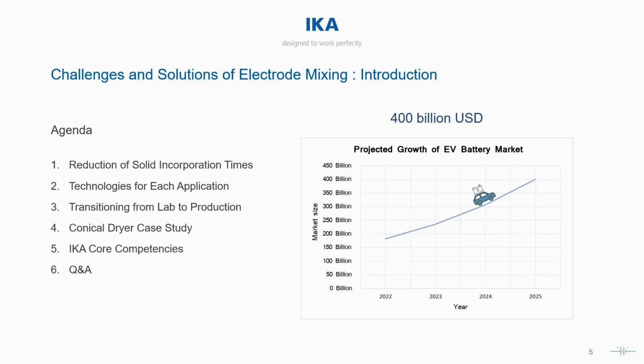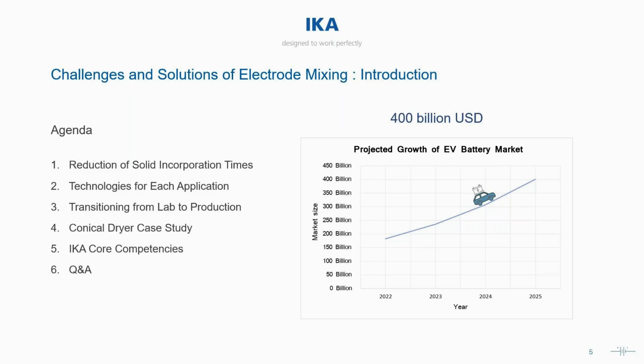We'll then give you guys an idea of what it looks like to transition from a lab to a mass production scale. And we will look a little bit at some heuristics to optimize that portion, which can be quite costly, so very important to understand. And then we'll take a little break from electrode mixing so I don't put myself and all of you guys to sleep. And we'll look at a conical dryer case study.